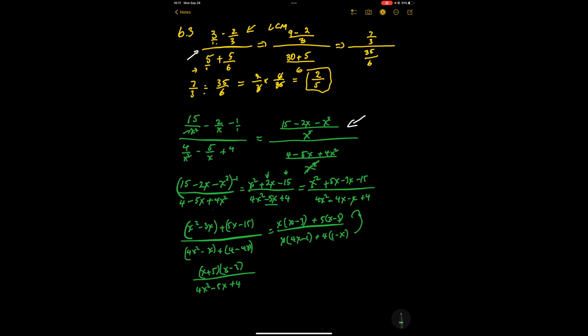Interesting. And now, remember, we had to multiply by a negative 1 right here, so we have to remember to put that negative over here as well.